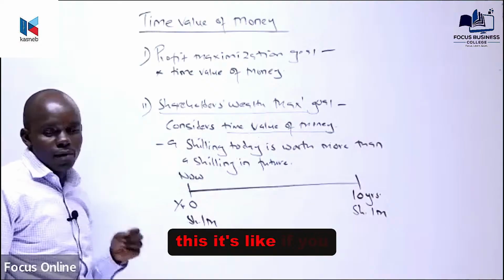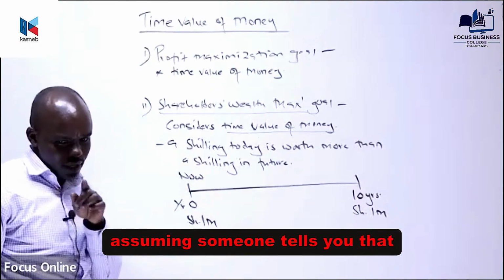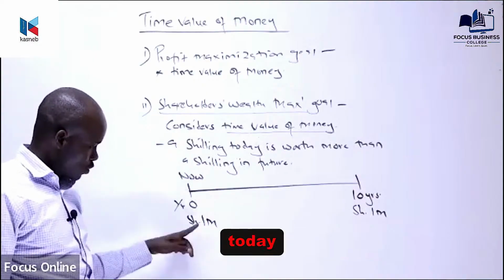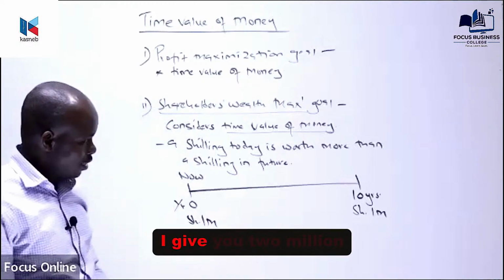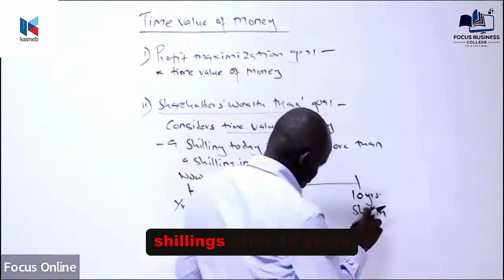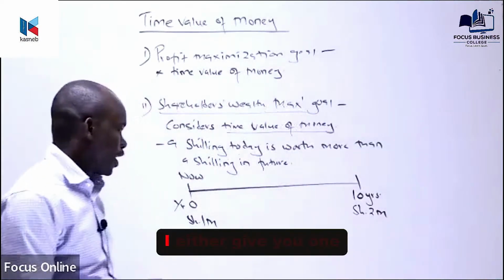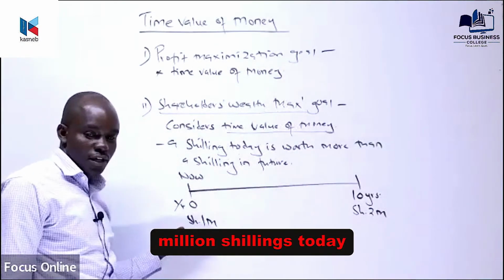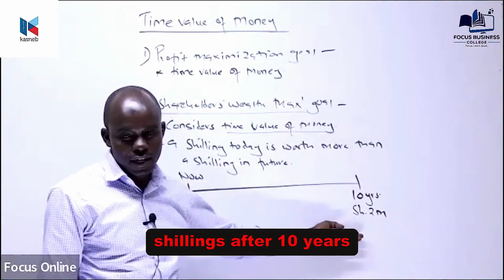If you remember what I said, assuming someone tells you, I give you 1 million shillings today, or you wait and I give you 2 million shillings after 10 years.